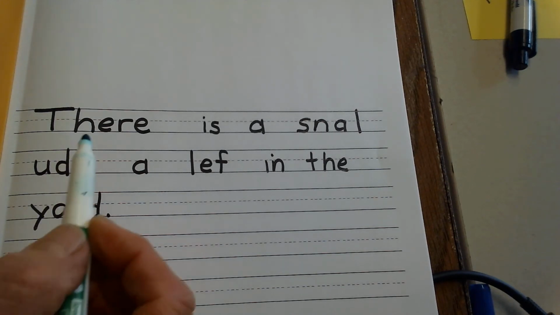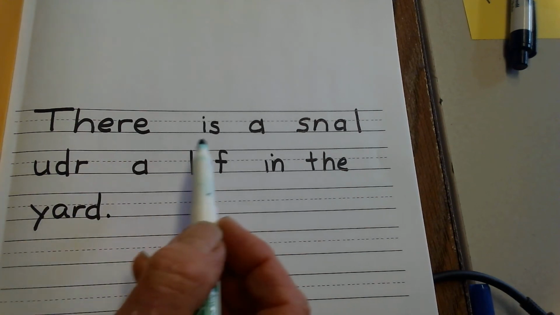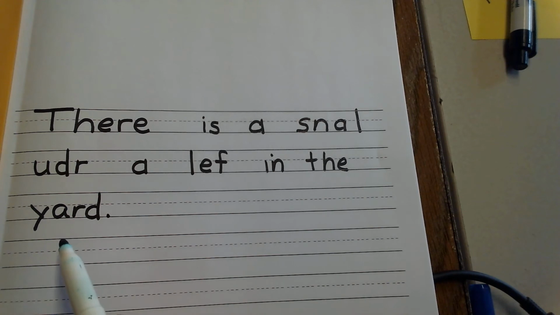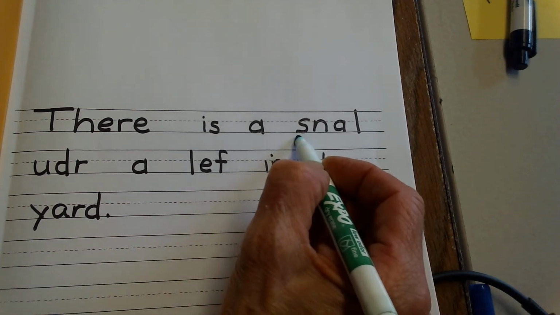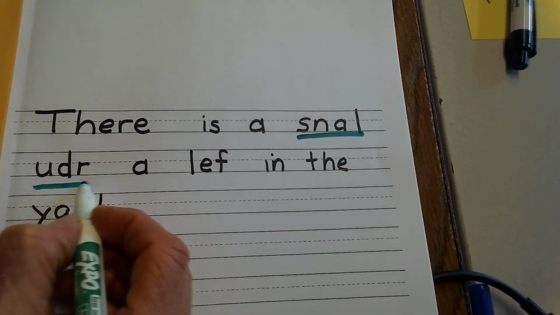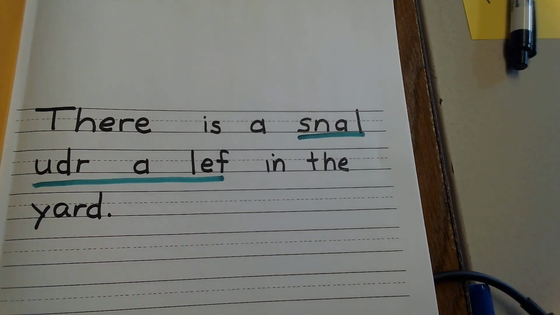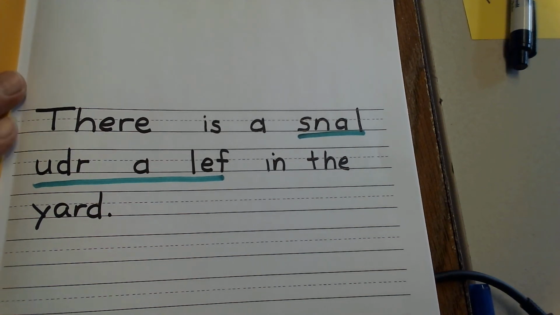So if you want, you can copy there, and I think you know how to spell is and a, and you can copy yard if you want. But these words are the ones you'll use your sounds to spell. Those are the words that you, as the author of this paper, will need to come up with the words and the spelling. Okay? So this is what you're going to do.